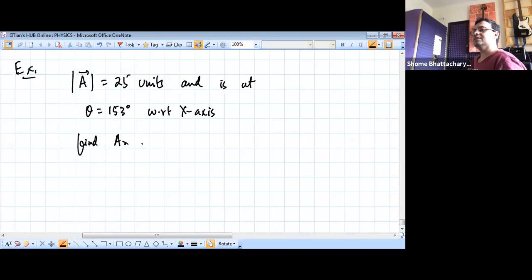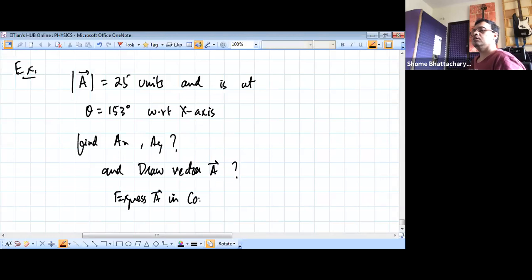Find Ex, Ey, and draw the vector and express the vector E in component form.